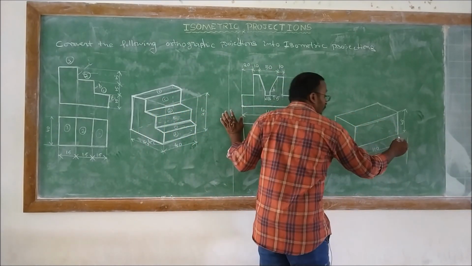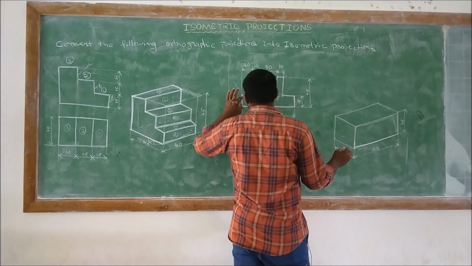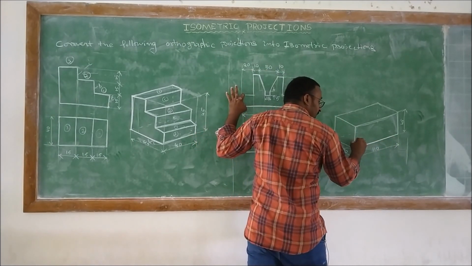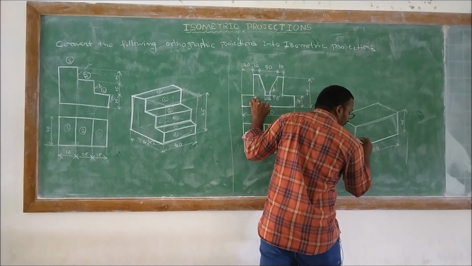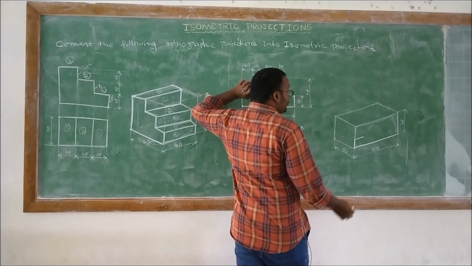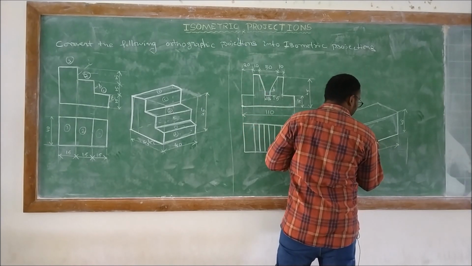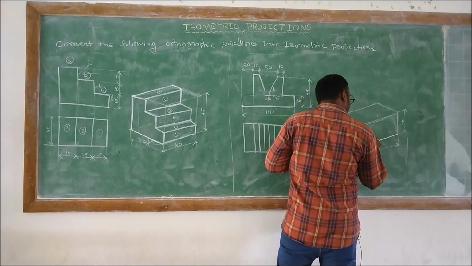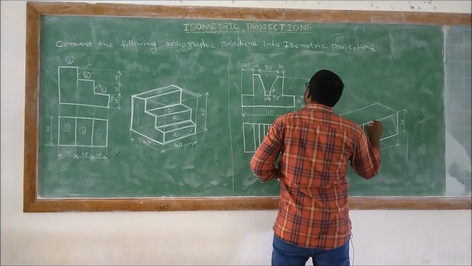So here 110 mm. Then the vertical line should be about 15, and then the horizontal line is about 20 mm, right? Then the vertical line should be about the total length. Then the horizontal line will be about 10 mm.